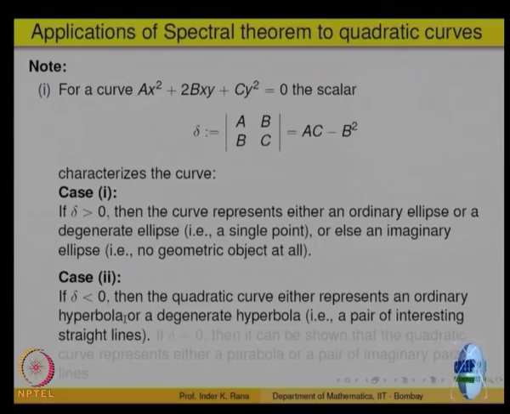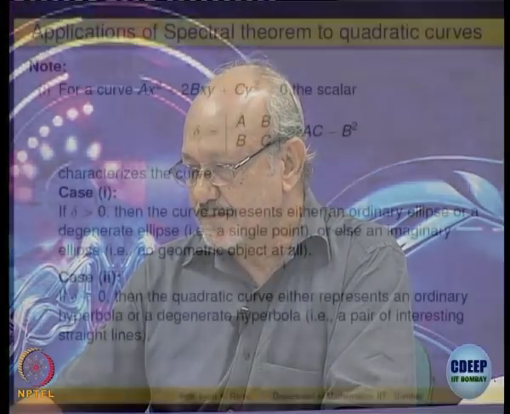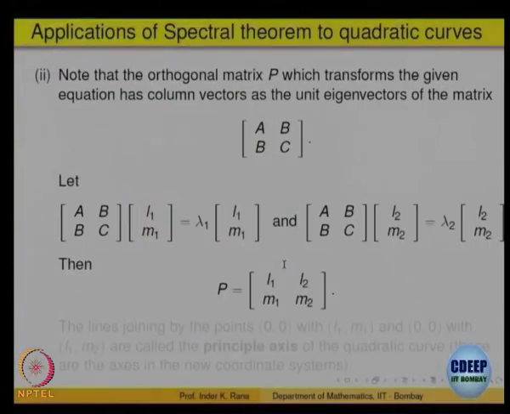So, delta also characterizes the shape. That is not really important from this point of view, but it becomes important once one studies what is called differential geometry, where you study curves and surfaces, and how you characterize surfaces, and so on.